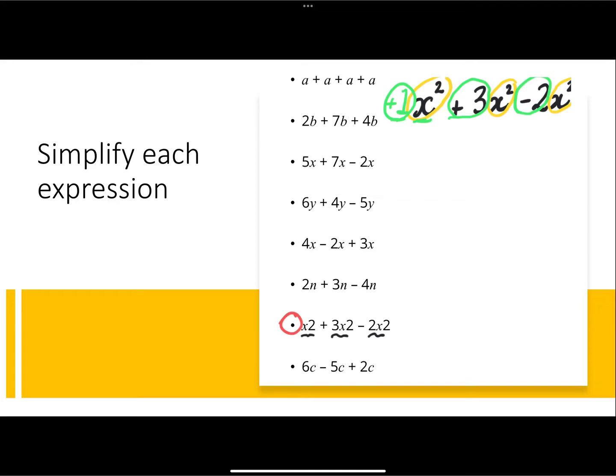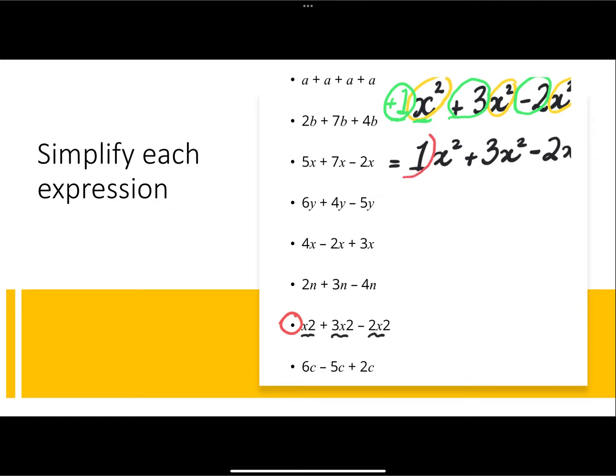So let's have a look at my equation now. I'm going to just, in my mind, think that this is going to be 1x squared, even though I don't need to write the 1x squared, but this is just helping me while I'm learning, plus 3x squared, take away 2x squared.